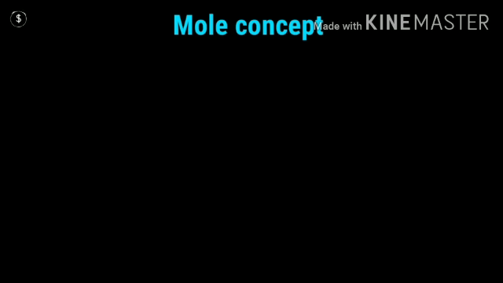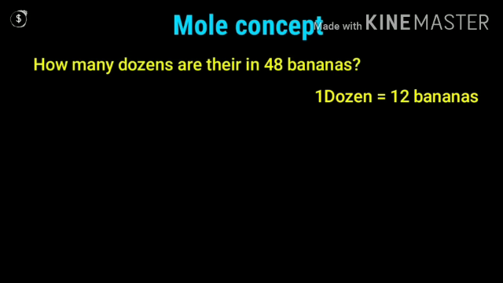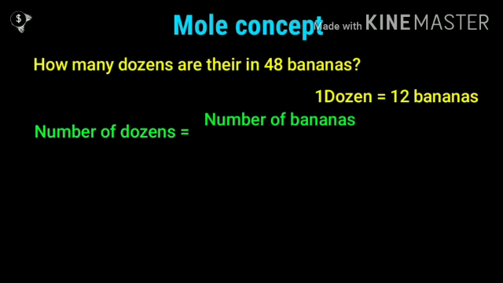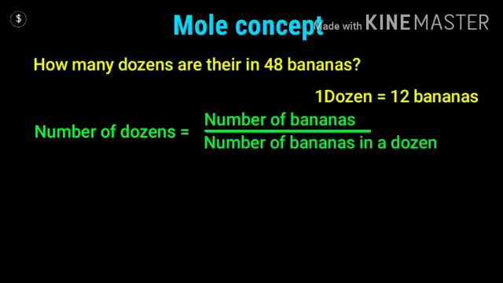But you will have to know one more formula. First of all, we will see 1 dozen. What does 1 dozen say? 12 bananas. If you have to calculate how many dozens are in 48 bananas: in 12 bananas, 1 dozen. So in 48 bananas, how are you calculating?